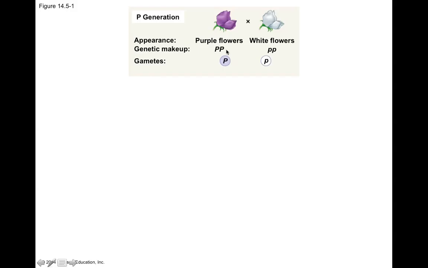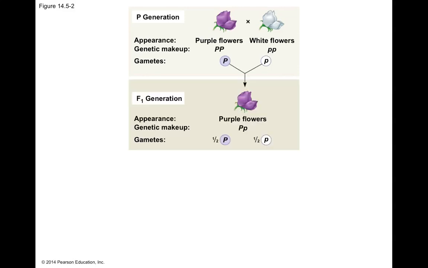So here we have true breeding purple flower parents, which have two copies of the big P allele, and true breeding white flowered parents, which have two copies of the small p allele. They produce their gametes, and because they are both homozygous, having only one version of the gene, they're going to pass on one of those copies of that one version of the gene to the offspring.